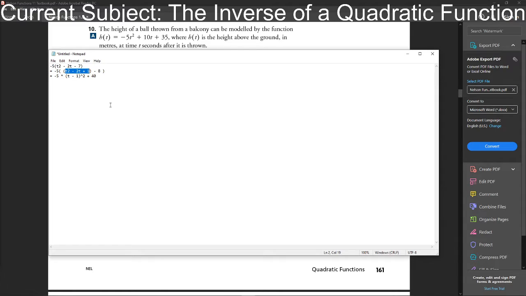Then complete the square for that one. Interesting. Complete the square for that, and then minus 80 there.